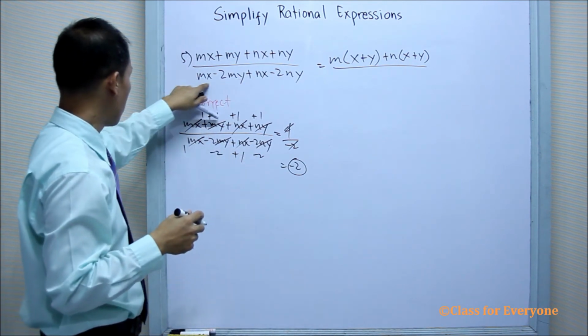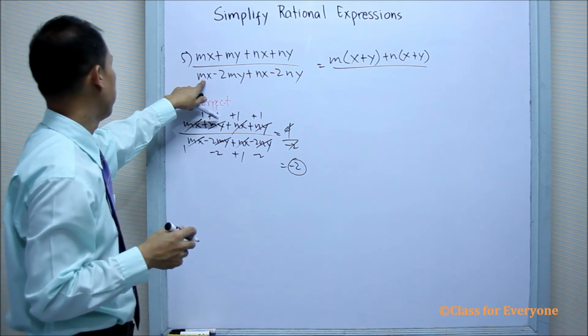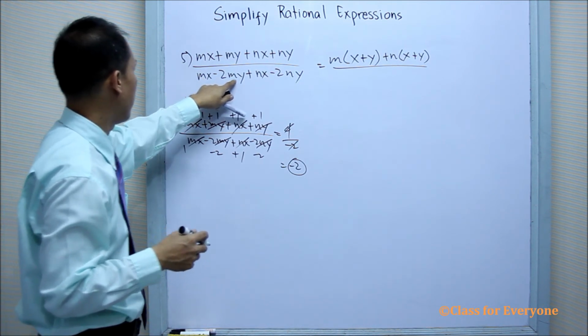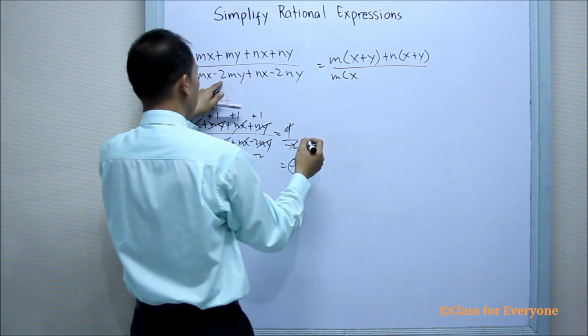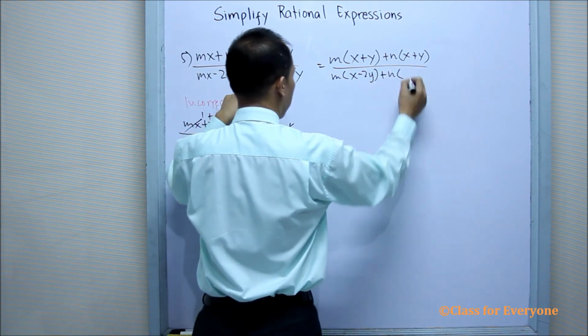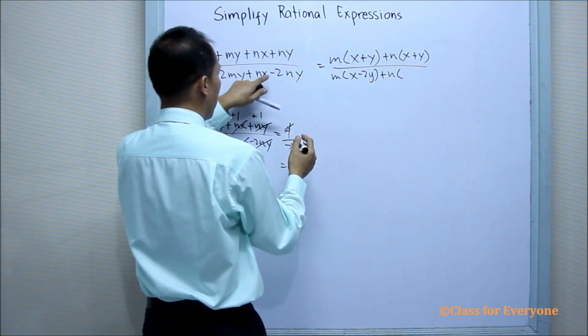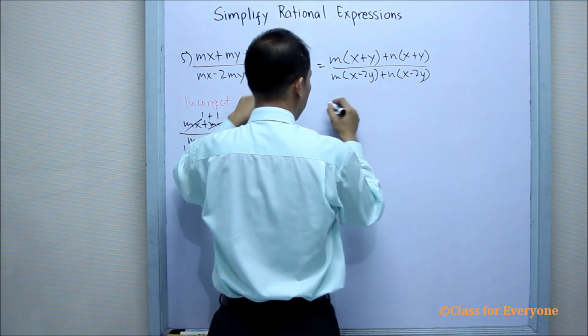Now, the first two terms in the denominator have mx, there is a common factor of m, and then x minus 2y, and then plus n, x minus 2y.